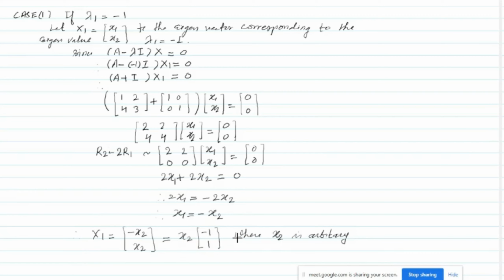In particular, you should always take the arbitrary element equal to 1, so x1 equal to minus 1, 1 is an eigenvector corresponding to the eigenvalue lambda equal to minus 1. So this is the first eigenvector corresponding to lambda equal to minus 1.